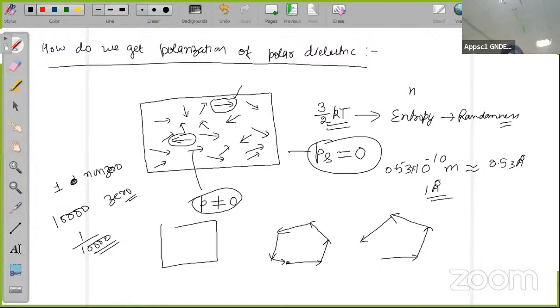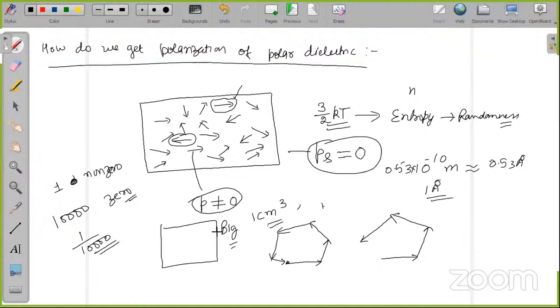Let us say you are having a big sample. Please remember, for me even 1 centimeter cube is a big sample, because a paper pin tip contains billions of atoms. So 1 centimeter cube has billions or trillions of atoms.